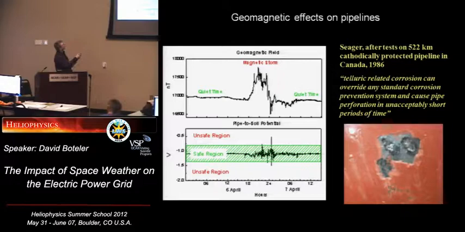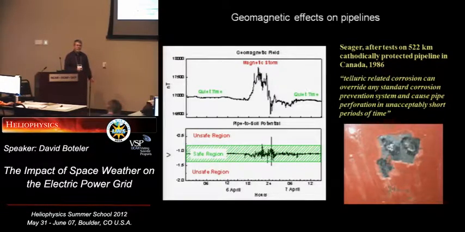We can see during this magnetic storm, you get some voltage fluctuations going outside. Now those on their own won't cause any problem. The concern is more that perhaps over 30 years of magnetic storms, the cumulative effect of that might cause problems on the pipe.